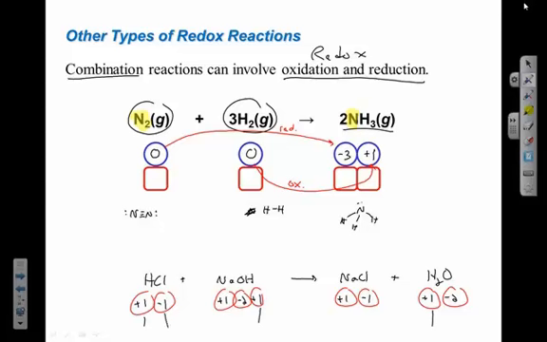The chloride stays -1 in each side. The sodium is +1 on both sides, and the oxygen is a -2 on both sides. There's no change, so it's not a redox reaction. And you'll find in any acid-base reaction that the oxidation numbers will not be changing, so acid-base reactions are also not redox reactions.